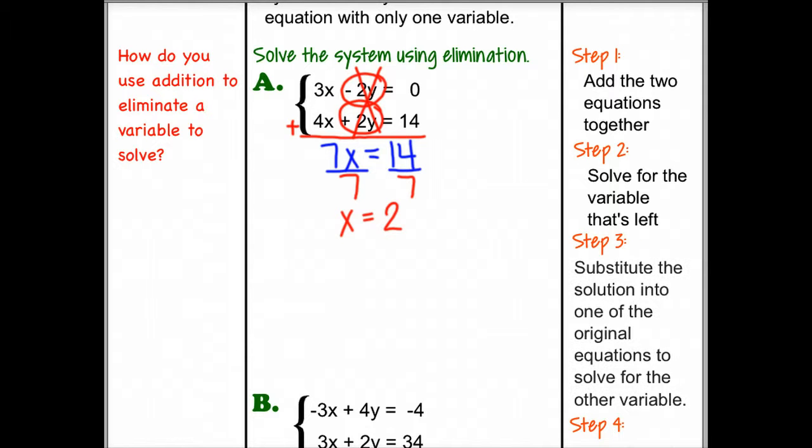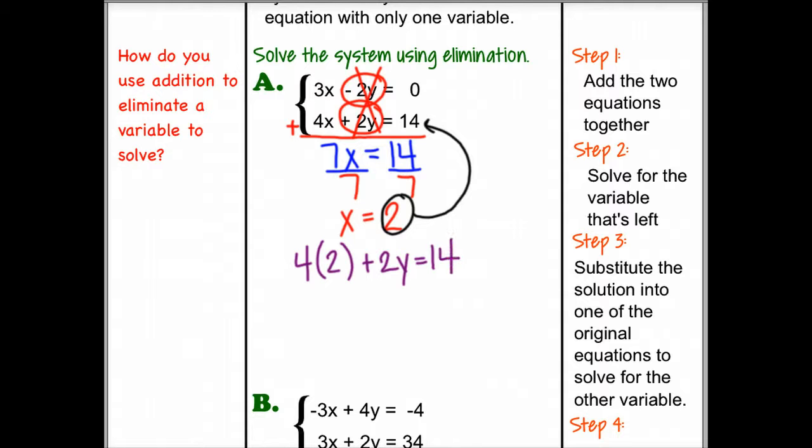Then what I'm going to do is take this solution here and substitute it into one of the original equations to solve for the other variable. Which equation you choose does not matter. I am going to put it in this one so I don't have to worry about the 0. So I have 4x, which is 2, plus 2y equal to 14. 4 times 2 is 8, so I have 8 plus 2y equal to 14.